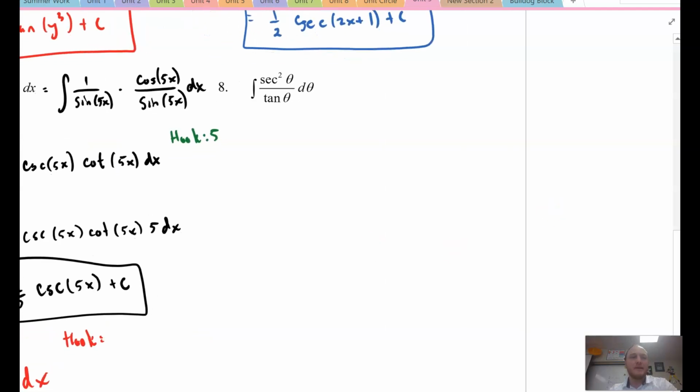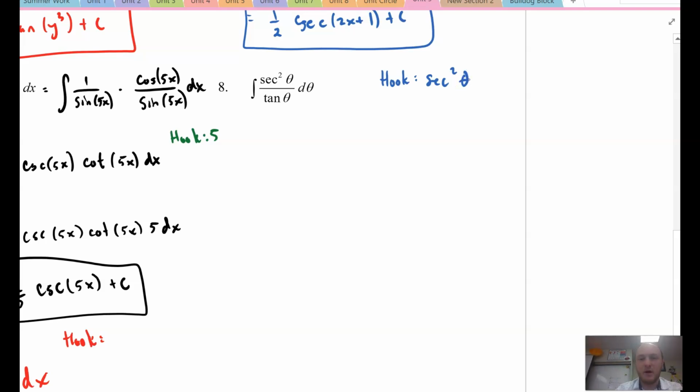All right, last one, and the last one is pretty easy. Here I have the integral of secant squared theta over tan theta d theta, and again, now that I have this function written like this, look at the denominators and ask yourself, okay, what is the derivative of the denominator? And that would be secant squared theta.